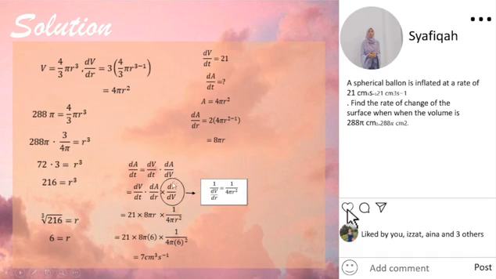We don't have dr over dV in this question, but we have dV over dr in this equation. So we can take dV over dr, and it will become 1 over dV over dr, which is equal to 1 over 4 pi r squared.